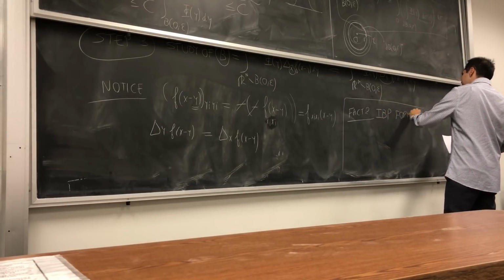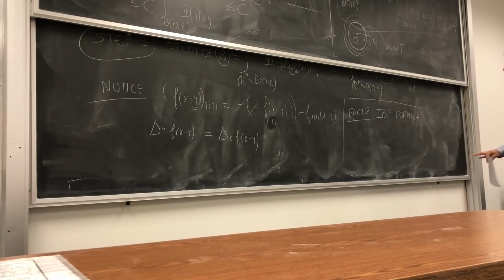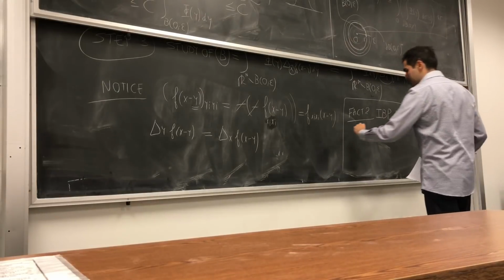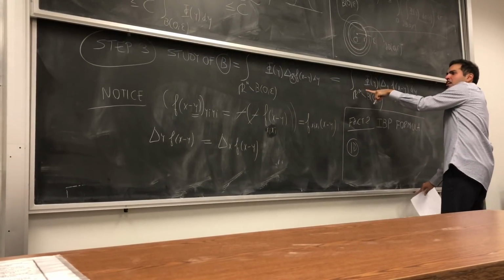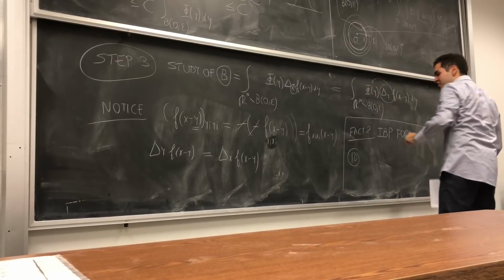How do you do it in multiple dimensions? Well, first of all, in one dimension you have the following. This is the analog of, let's say, f times g double prime.